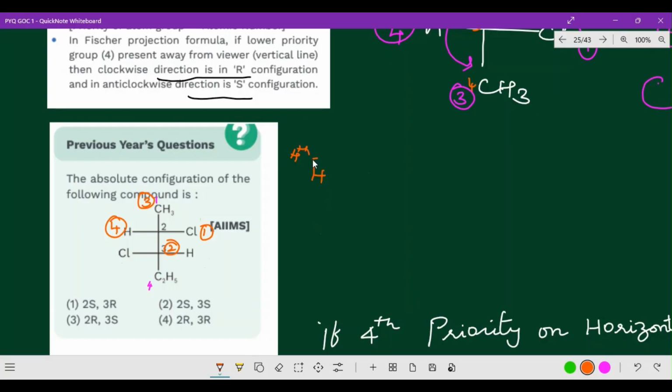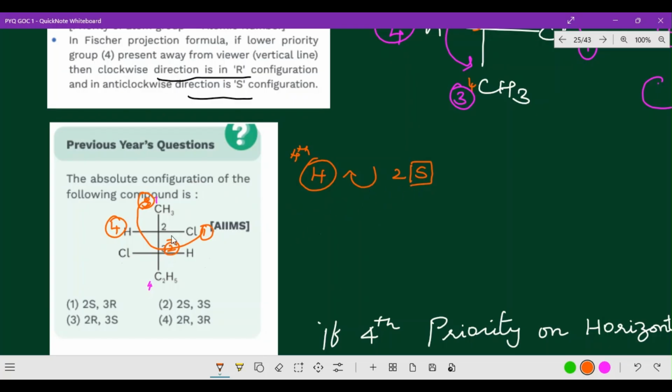So 1, 2, 3 and 4 gives a clockwise rotation. For the second carbon, clockwise rotation with the fourth priority on the horizontal line is S configuration.